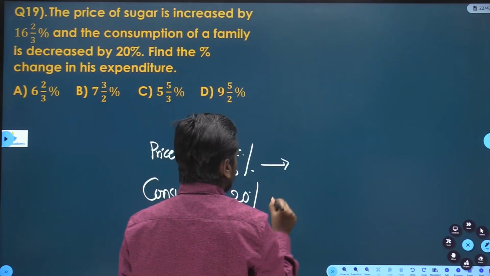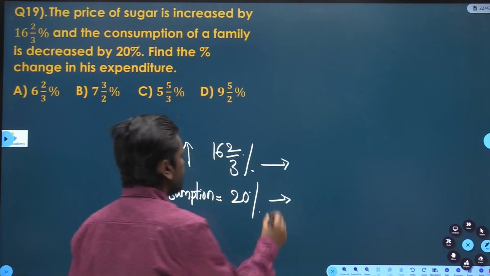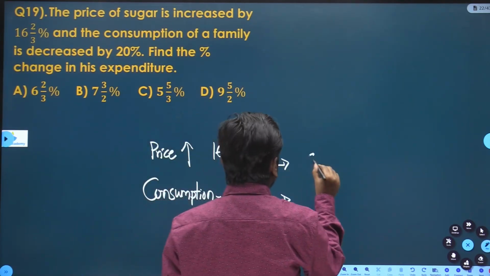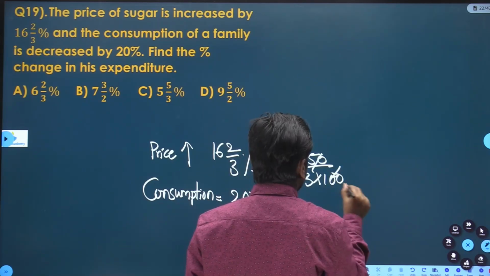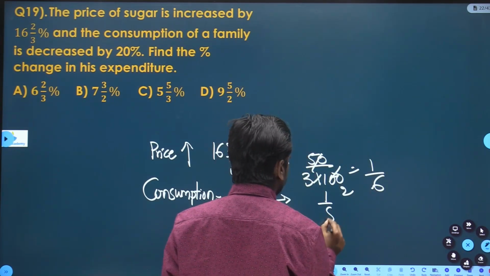Okay, here initially we will convert percentage into fractions. That is 16 2/3 percentage is 1 by 6. 20 percentage is 1 by 5.